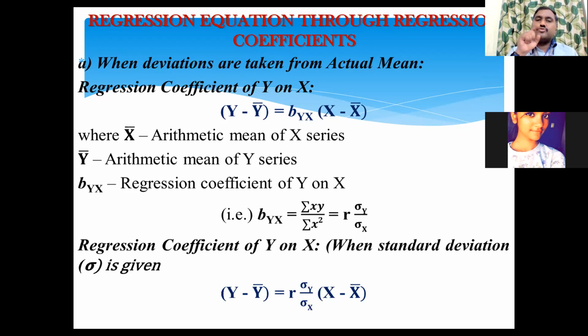That means we need to find small x. Small x equals capital X minus x bar. Small y equals y minus y bar. So you know small x and small y. Multiply small x into small y, you will get summation xy. Summation x square is already there, no? That you have to use. Is it clear, Arvind, now?